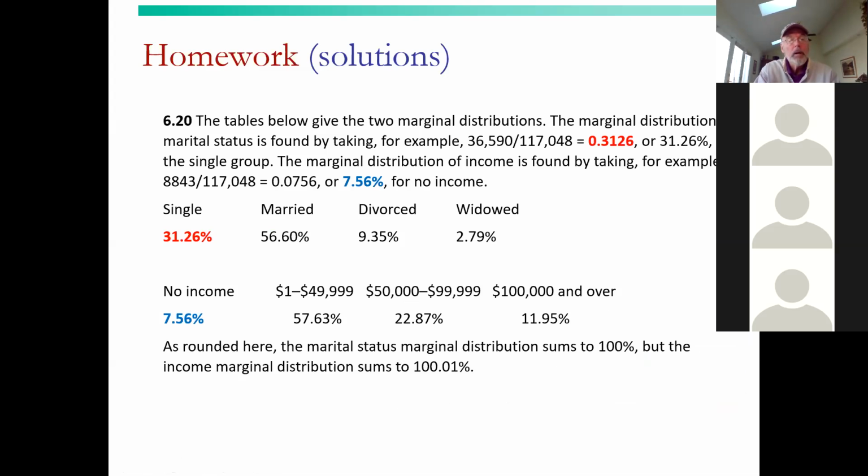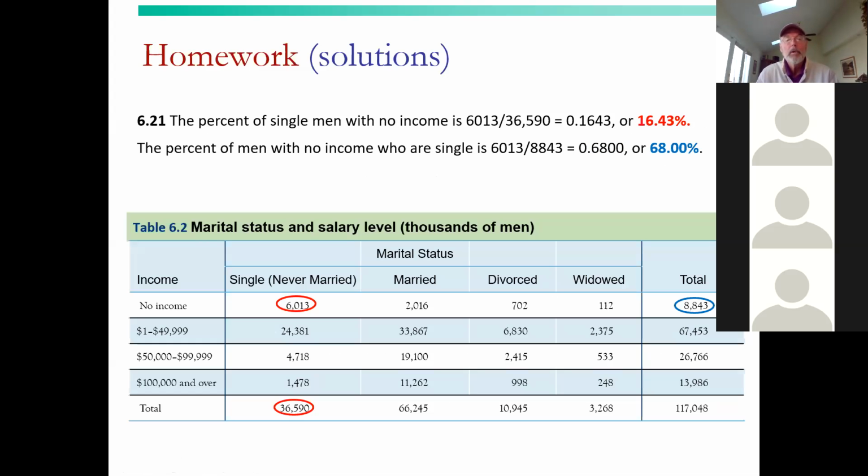Okay, problem number 21. Okay, so this problem generally is looking at conditional distributions. Okay, so the question, the percent of single men with no income. All right, so what we're asking is we're asked to think about only the single people, the people that make up the single column.